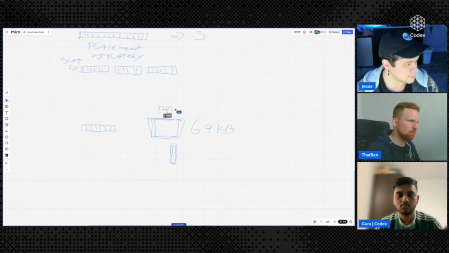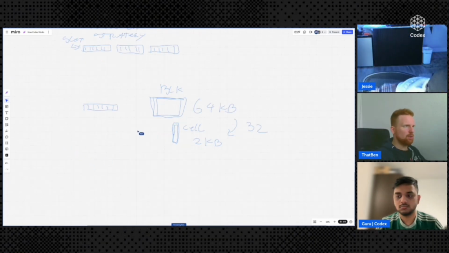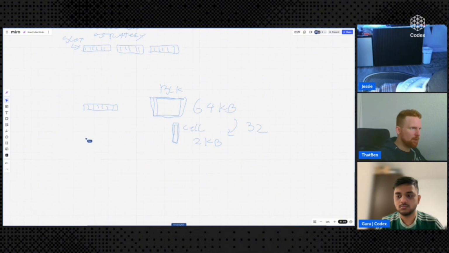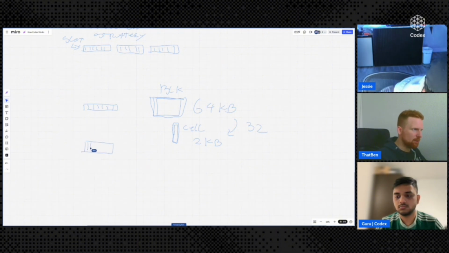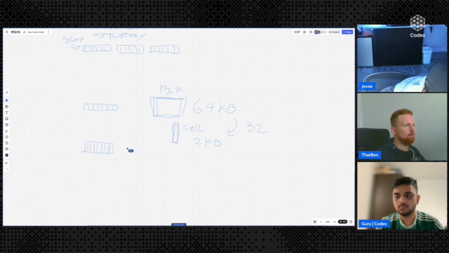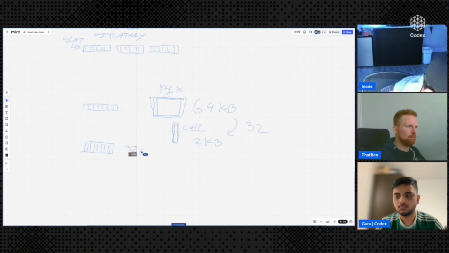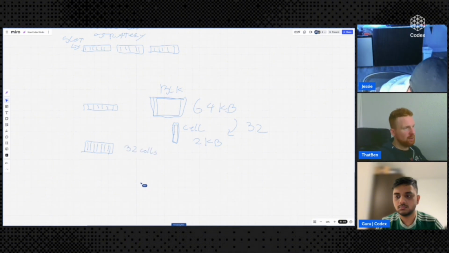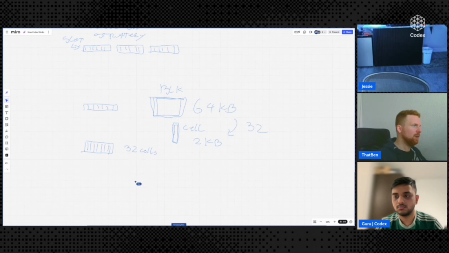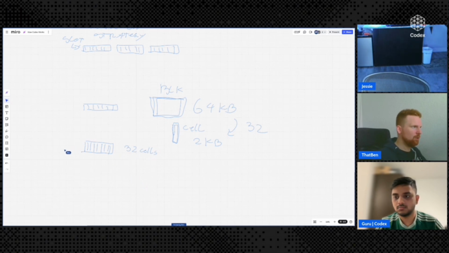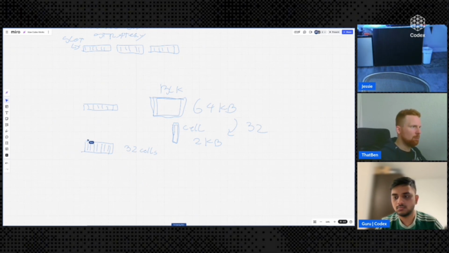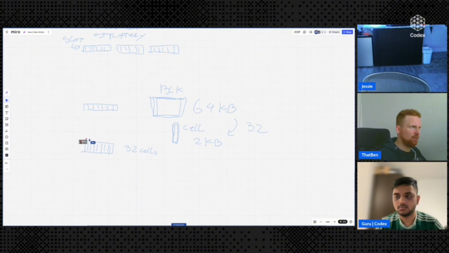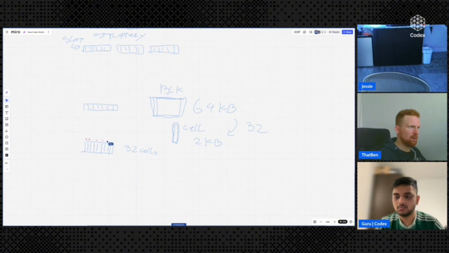So here I have a bunch of blocks. Each block, so if we zoom in on a block again, here's a block. It has all these cells. There are 32 cells in a block. That's very convenient because that's a power of 2 and we need a power of 2. And what we can do is we can Poseidon hash each cell so that each one has a hash.